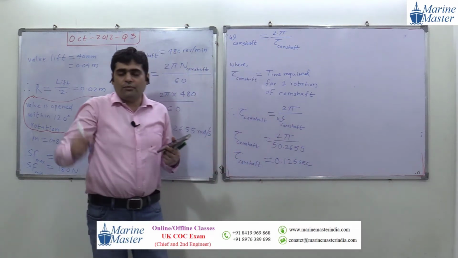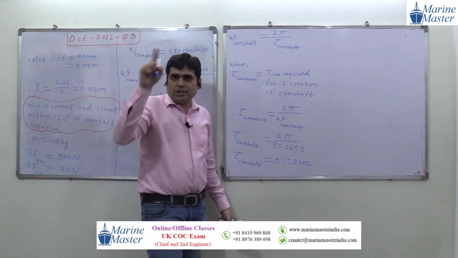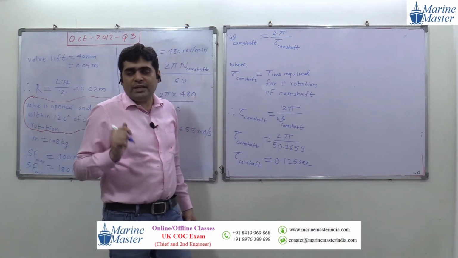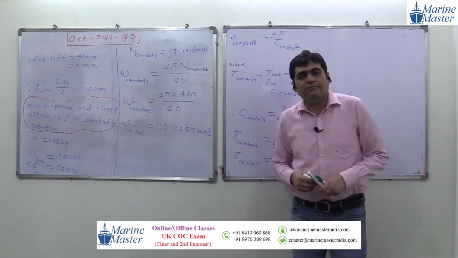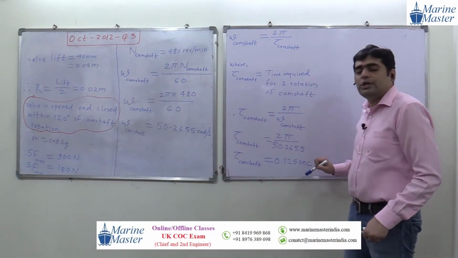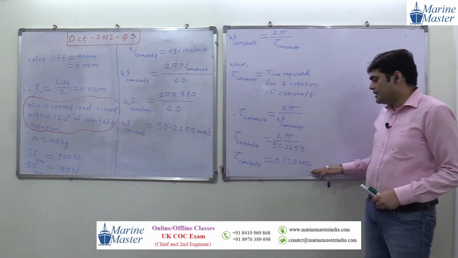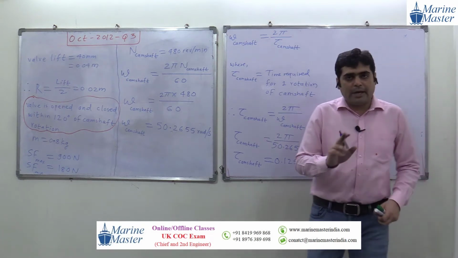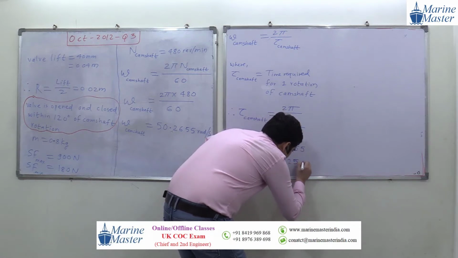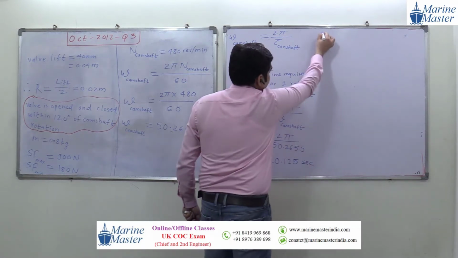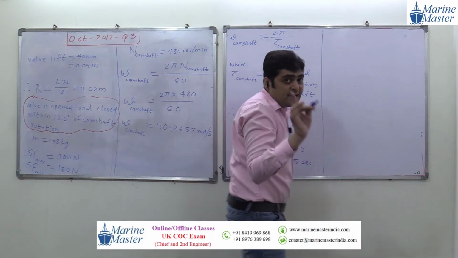So for one rotation of the camshaft, how much time do we require, guys? We require 0.125 second. Anyone have any doubt in this discussion? Try to understand the point.